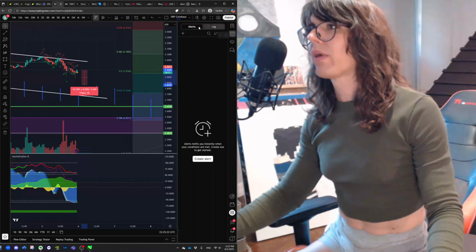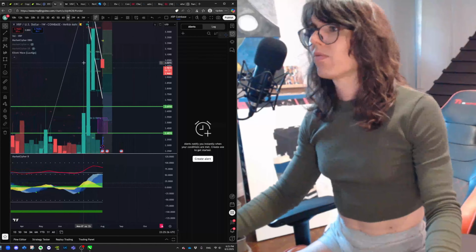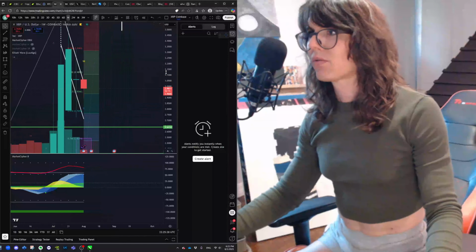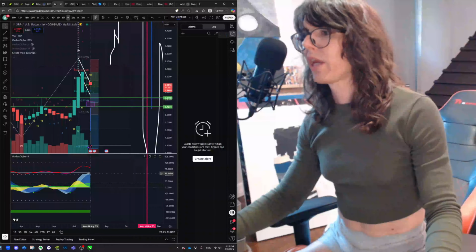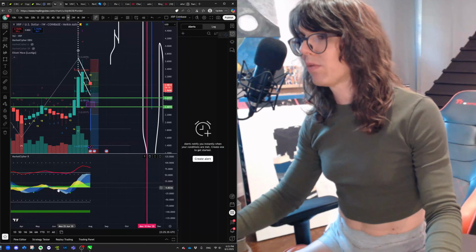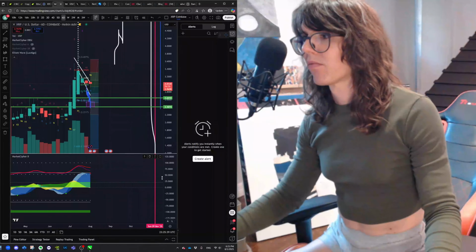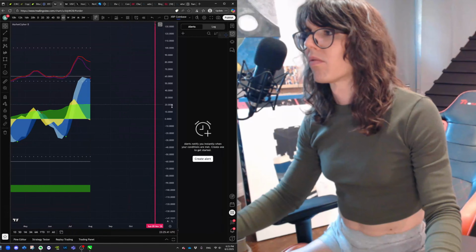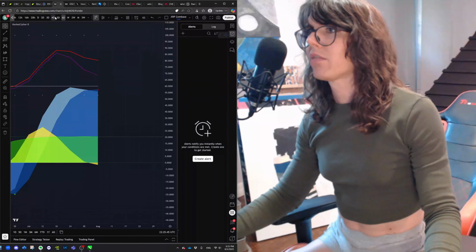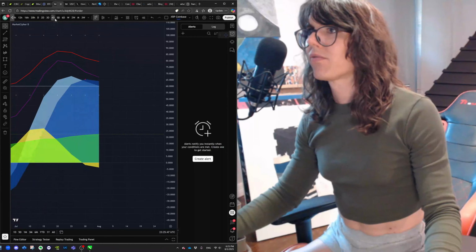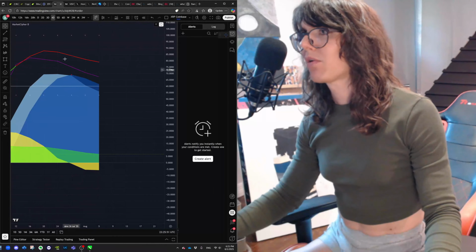Now, why do I think that we're going to get a red dot on the weekly? Because we've gotten so close, right? And if we are paying attention to this momentum wave, we've got it on the 6-day. We've got it on the 5-day, on the 4-day, it's coming back up a little tiny bit.